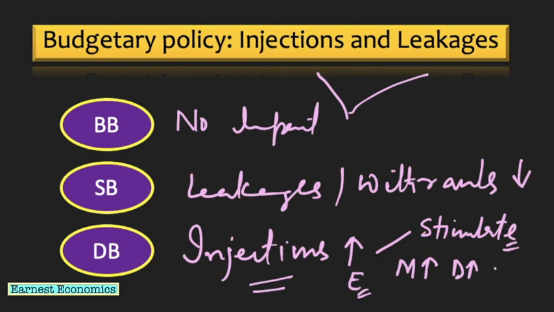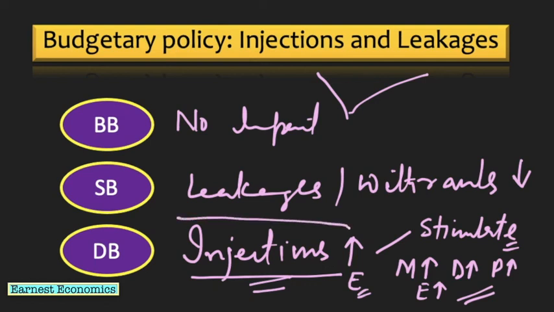Then obviously our production will increase, our employment will increase, so all the variables will move in the positive direction. So this is a possible impact of these injections. However, they have their own limitations, as you will understand at appropriate places where they are discussed in our subject. I hope that you have understood the concept of injections and leakages that operate in the three sector model.